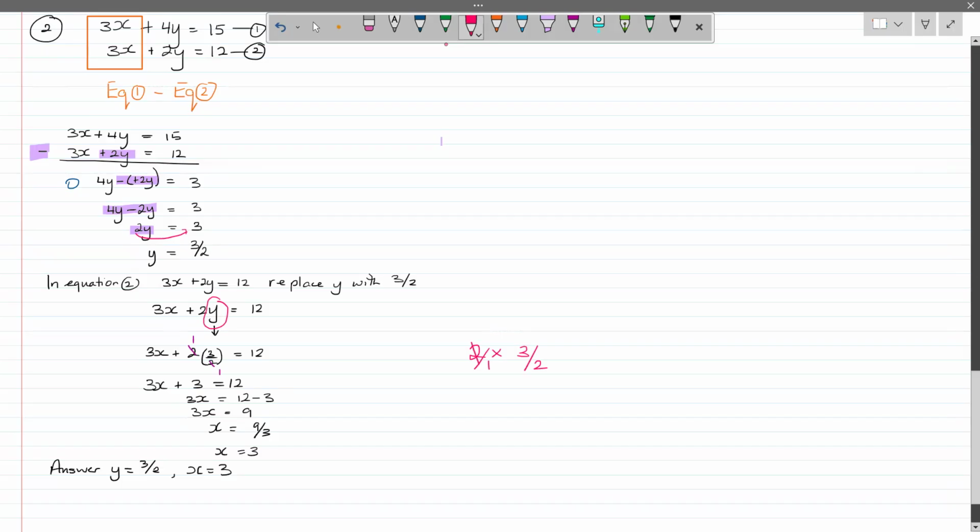With fractions, these 2s will cancel out, leaving me with 3. So that's how I'm getting 3 here. And then I will move the 3 across the equal sign to get 12 minus 3, which will give us 9. Then I will move this here. 9 divided by 3 will give us 3. So my answers here will be y is equal to 3 over 2 and x is equal to 3.